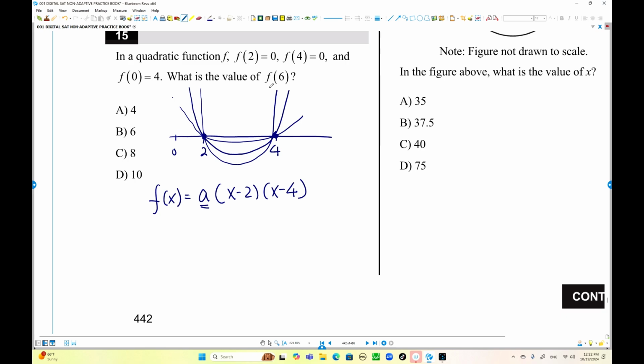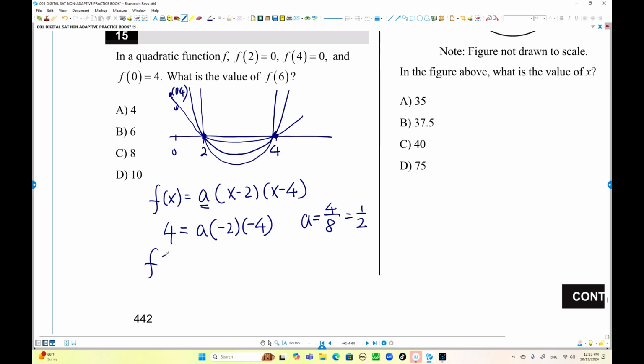But we're going to find out the value of a, which passes through what? 0 and 4 here, on this line. For this point, x is 0 and y is 4, okay? Plugging in x equals 0, x minus 2 is negative 2, and x minus 4 is negative 4, so the product is positive 8. So a equals 4 over 8 equals 1 half.